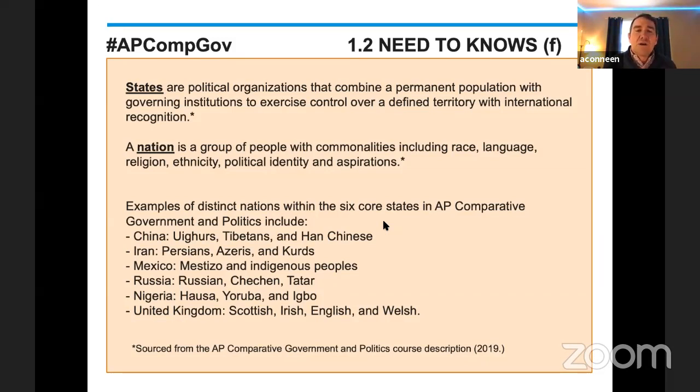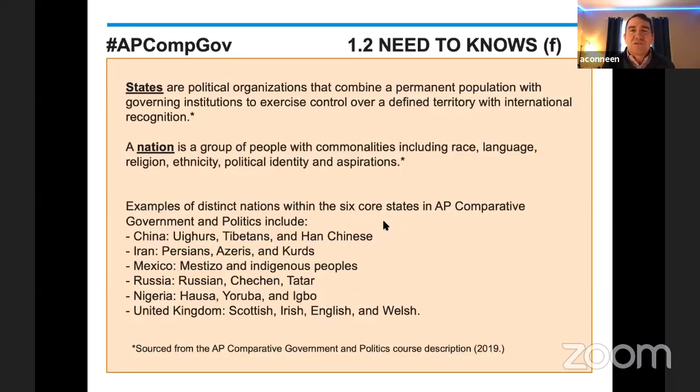In Mexico, a good example of a nation would be down in Chiapas, among the indigenous peoples, particularly in southern Mexico, and the mestizo, the majority population of Mexico.